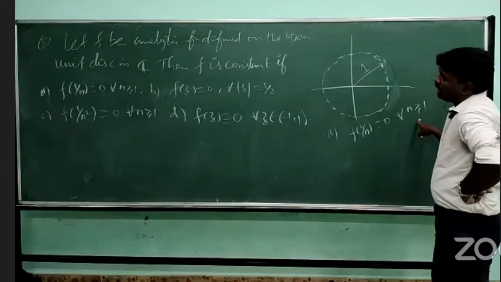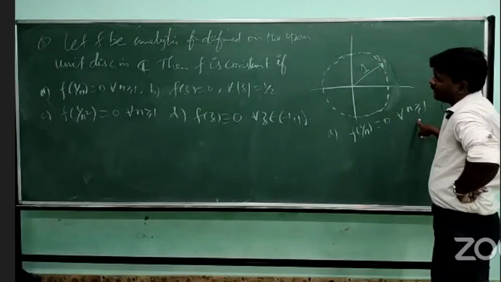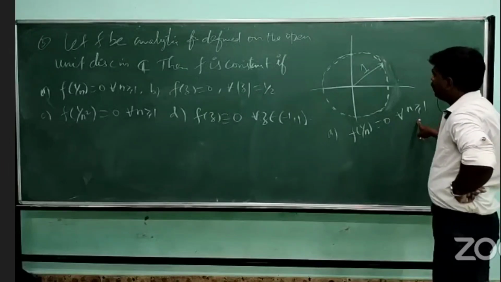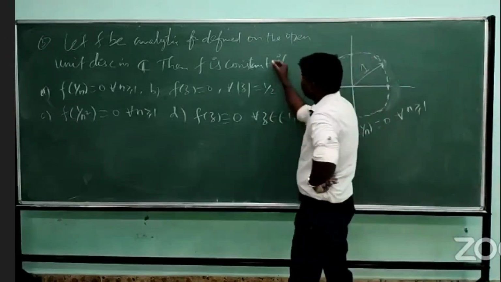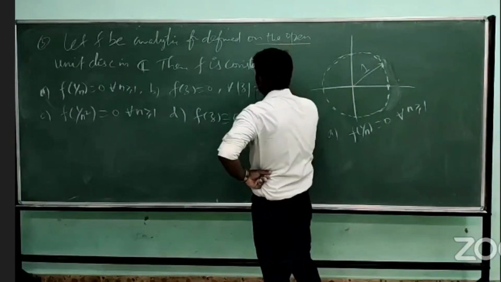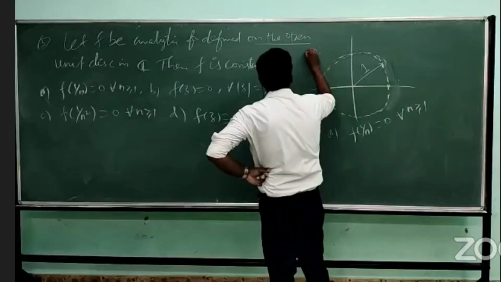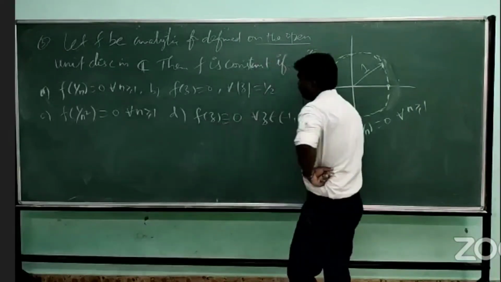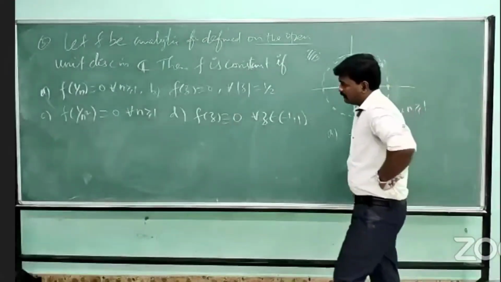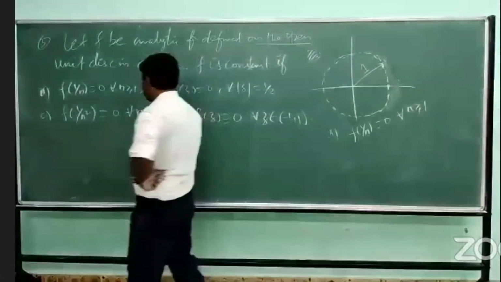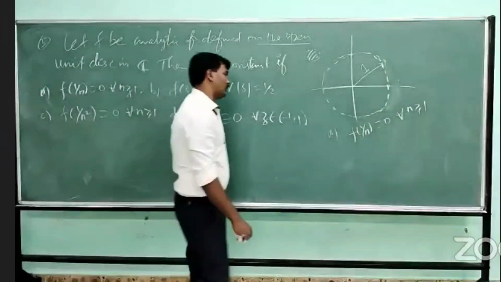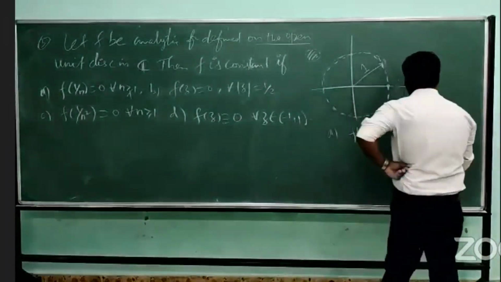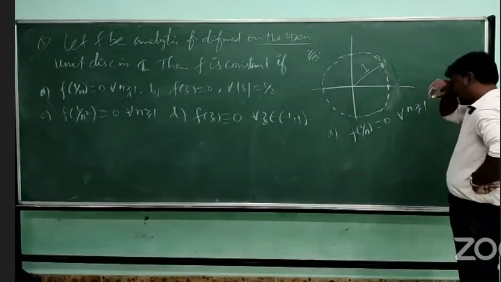Actually, this is not valid when n equals 1, because f is analytic, defined on the open unit disk, which means inside only, not the boundary. But don't worry about that. You can remove 1 and start from 2. This is a natural number, no?